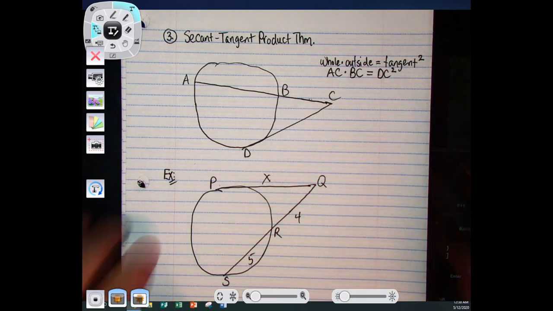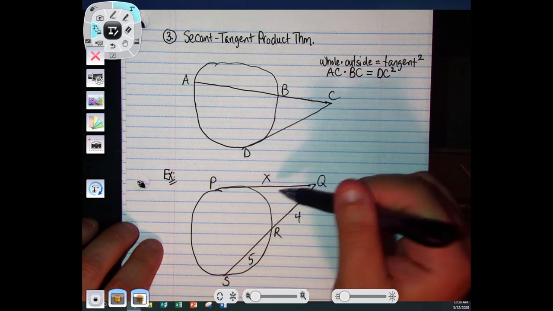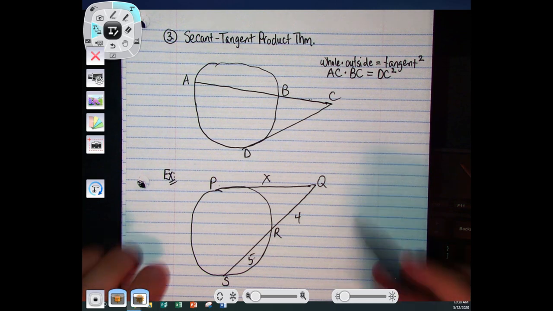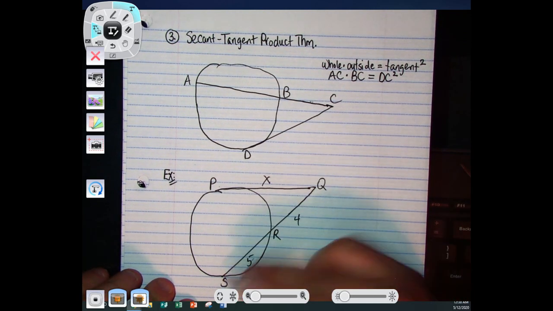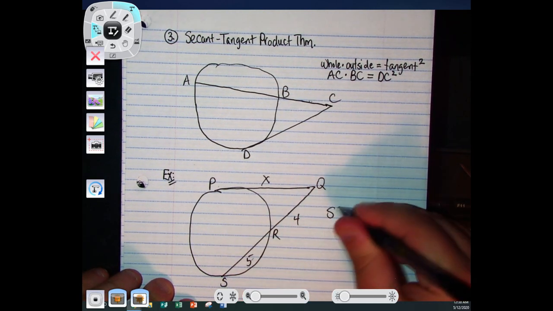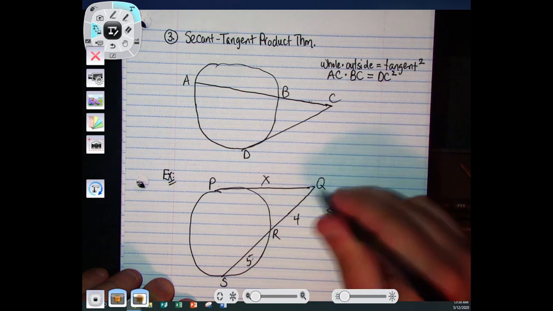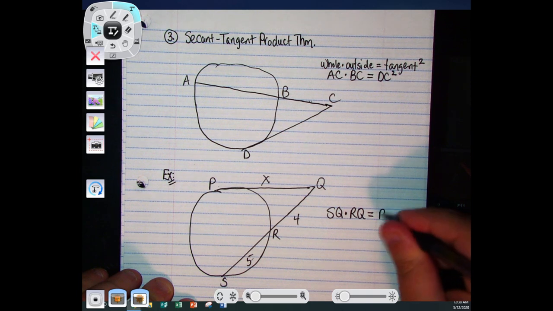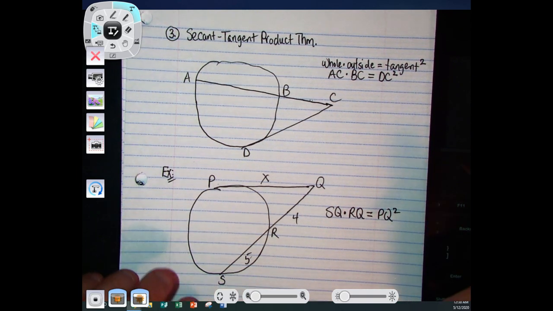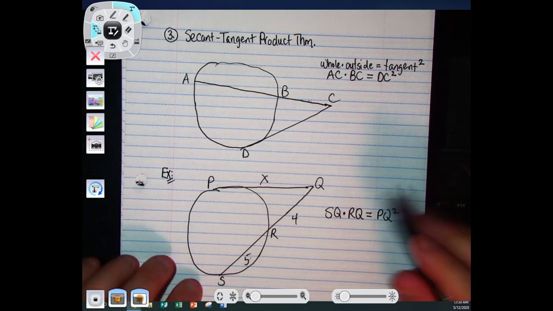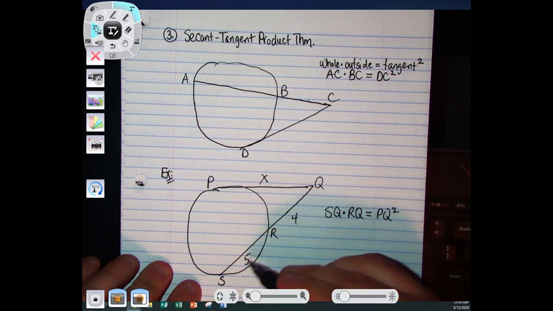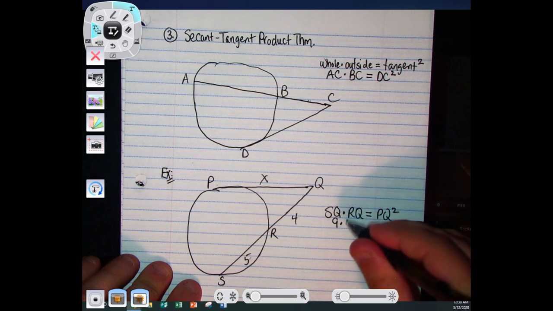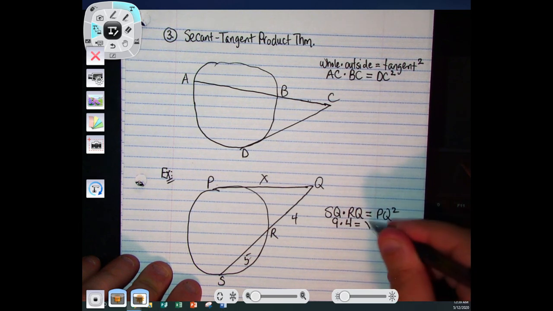PQ is our tangent and SQ is our secant. So we do the whole thing: SQ times RQ is equal to PQ squared. SQ, the whole thing, is 5 plus 4, so that's 9, times RQ, which is 4, and that's equal to X squared.